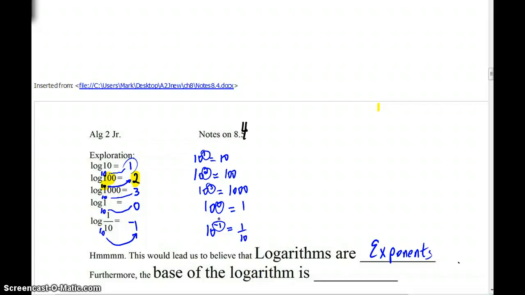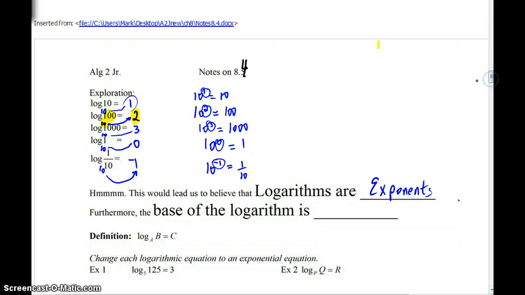They are exponents. These exponents were equal to logs, so we could think of logarithms as being exponents. Well, and this is a little saying that will help us quite a bit. The base of the logarithm, which is that subscript, you see the 10 written in each of these, is the base of the exponent.